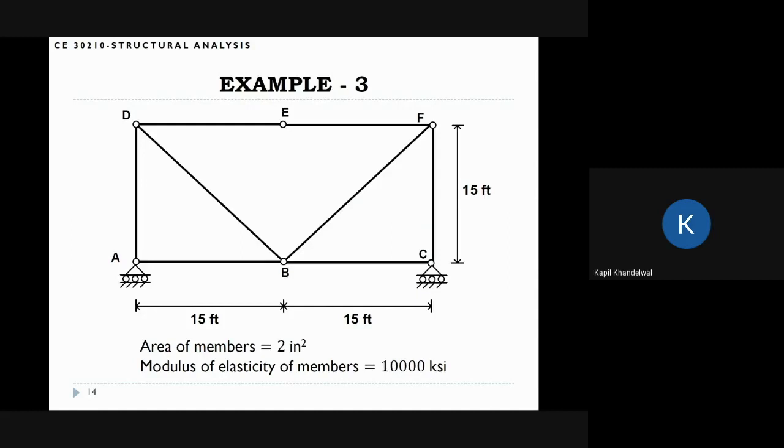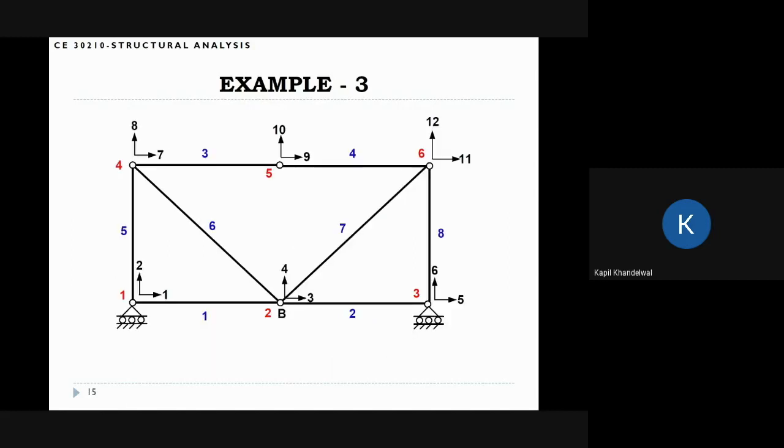This analysis is done in MATLAB, and I will show you a script in a moment. But let me first show you the numbering of nodes and elements. I have labeled the nodes as: this is the first node, this is the second node, the third node, fourth node, fifth node, sixth node.